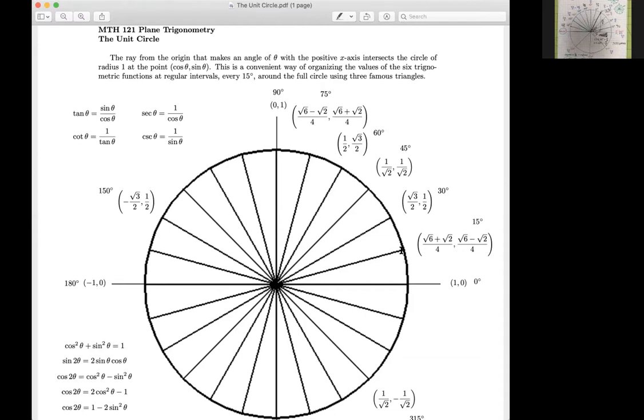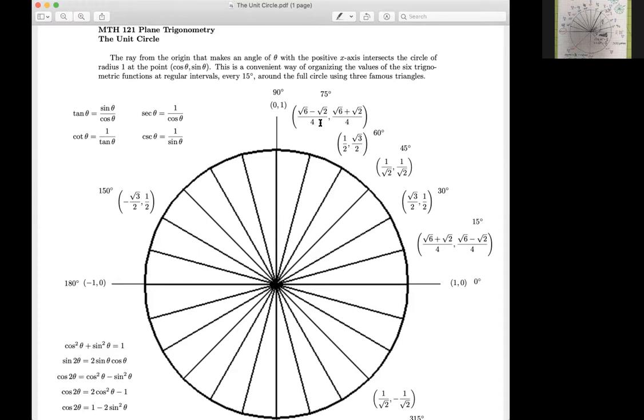But the cosine of 15 degrees must be root 6 plus root 2 divided by 4. If you stand that 15, 75, 90 triangle on its short side, if you stand it tall, then that short side is now the x coordinate, or the cosine of 75 degrees, which makes the cosine of 75 degrees root 6 minus root 2 over 4.